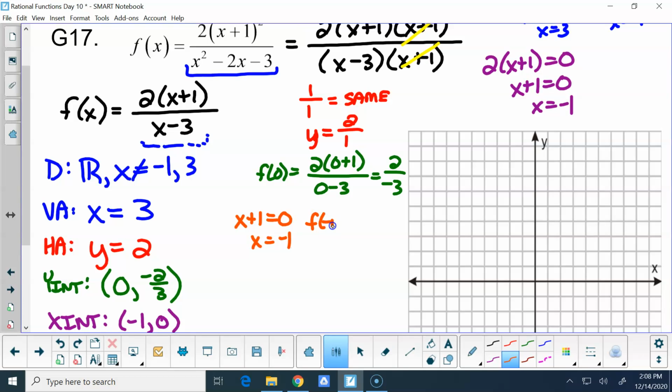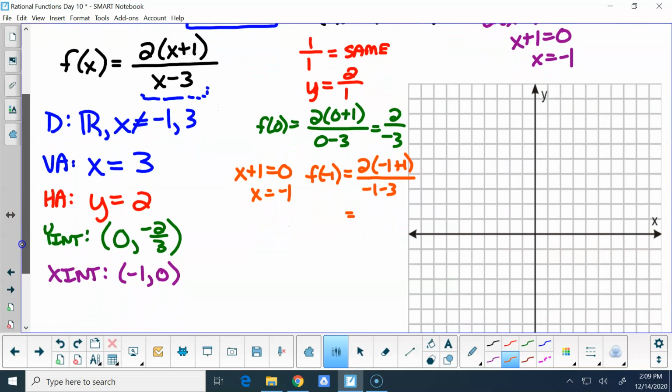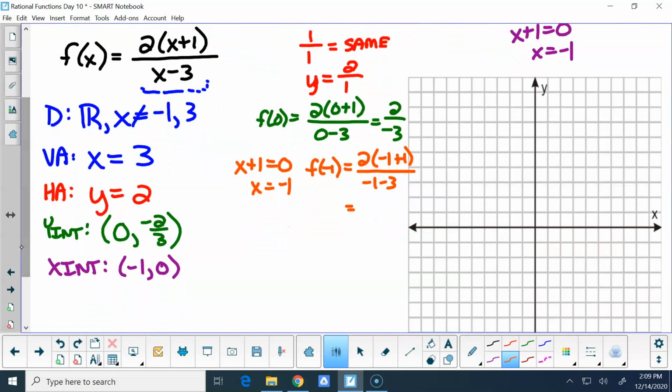F of negative 1 is going to be 2 times negative 1 plus 1 all over negative 1 minus 3. That's going to be 2 times 0 is 0 over negative 4. So I have a hole then at negative 1, comma 0.